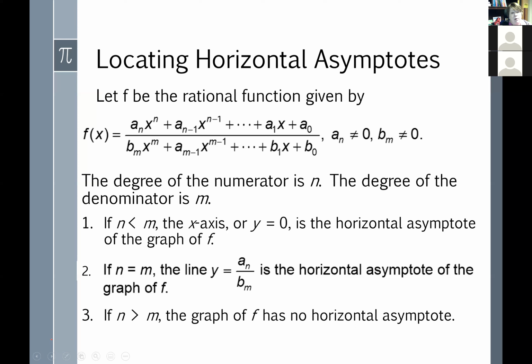So a ratio of the leading coefficient of the numerator to the leading coefficient of the denominator is the horizontal asymptote. And if the degree of the numerator is larger than the degree of the denominator, there is no horizontal asymptote.